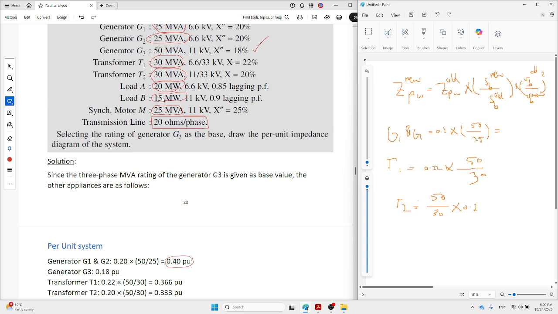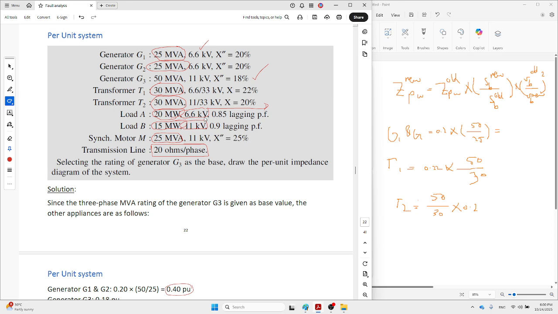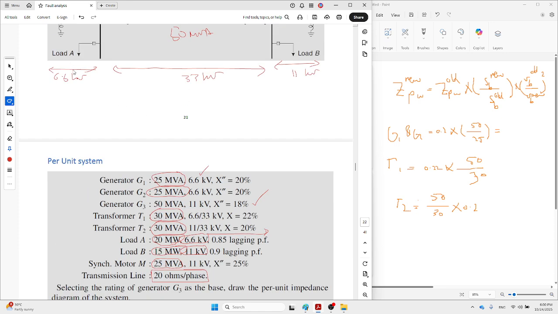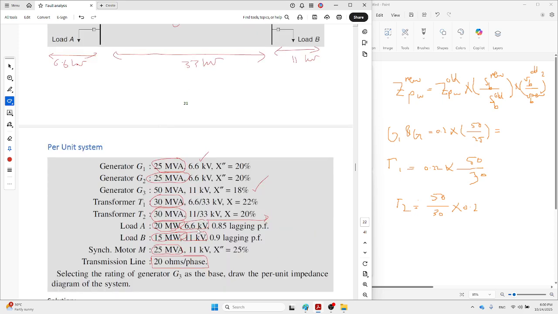For load A and load B, we have to not only change the P, we also have to convert the voltage. The voltage for load A, 6.6 kV over the base voltage, becomes 1 per unit.